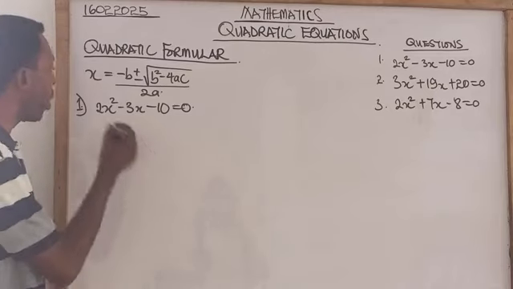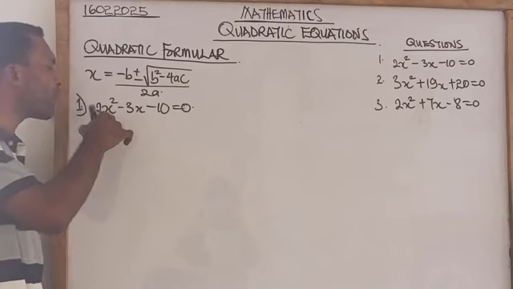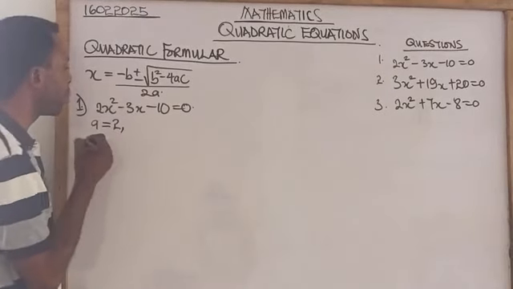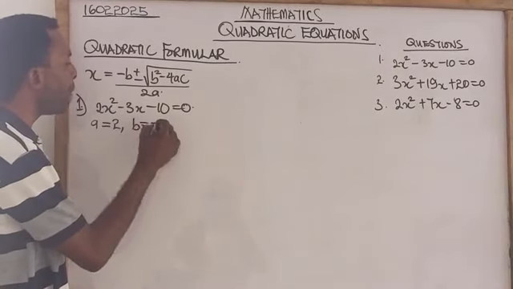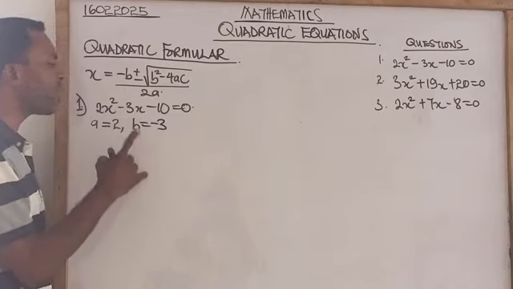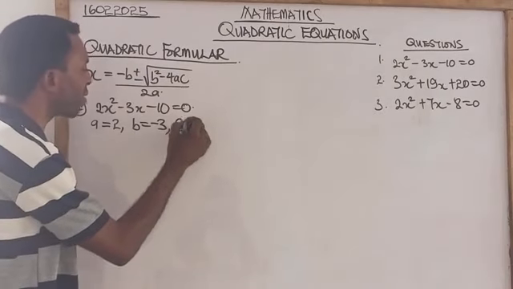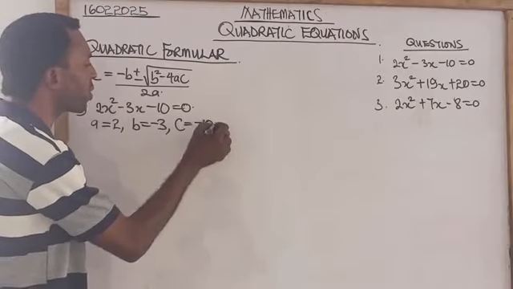What do they stand for? a stands for the coefficient of x squared, that's 2. Then b is equal to minus 3, being the coefficient of x. Lastly, we have our constant c, which is equal to minus 10.